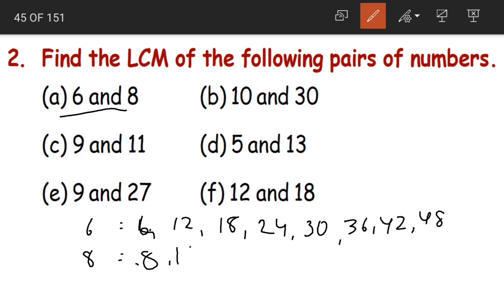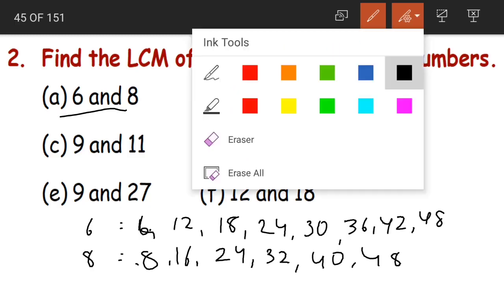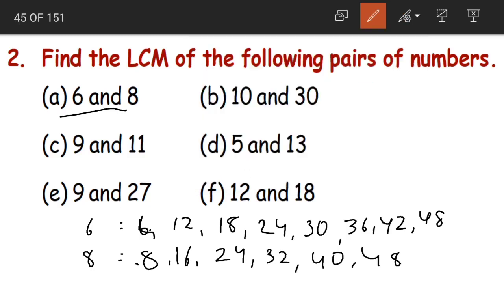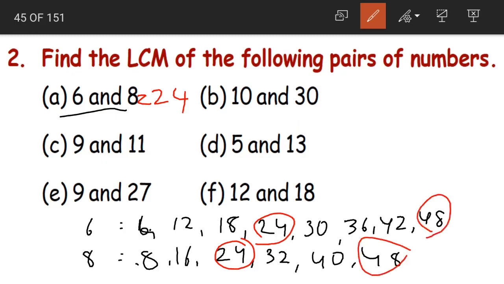Here we have 8, 16, 24, 32, 40, 48. So, if you look here, the least common multiple is what, children? It is our 24. 24 is the LCM of 6 and 8. The first common multiples are 24 and 48, and the least one is 24.